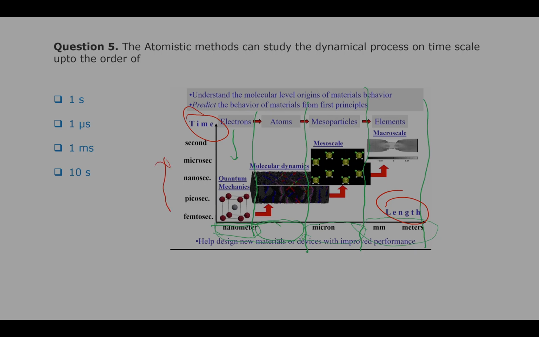As you can see here, in electrons it is coming till here. So it is nanosecond, below nanosecond. What about the atoms? It is coming below microsecond. So already they have asked about the atomistic methods and the time scale up to the order of. So you can see this is below microsecond. So you can tell up to 1 microsecond, since it is below.